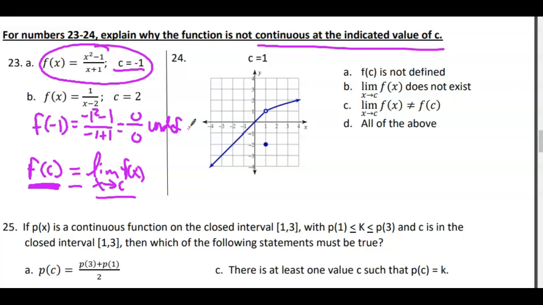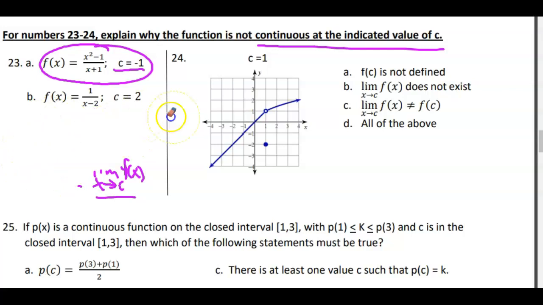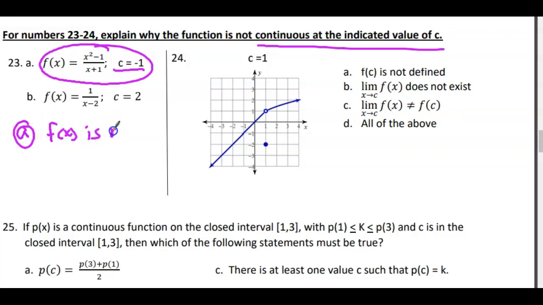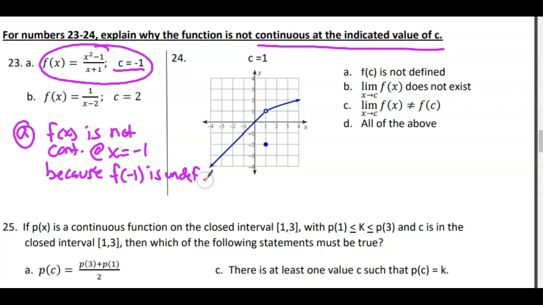We could say that this function is not continuous because f of negative 1 does not exist. So here's our answer for number 23A. For part A, we're going to say f of x is not continuous at x equals negative 1 because f of negative 1 is undefined. There you go. Good enough.